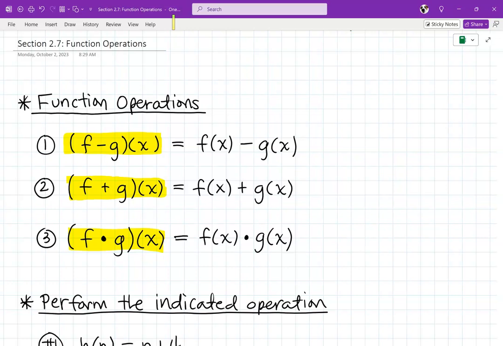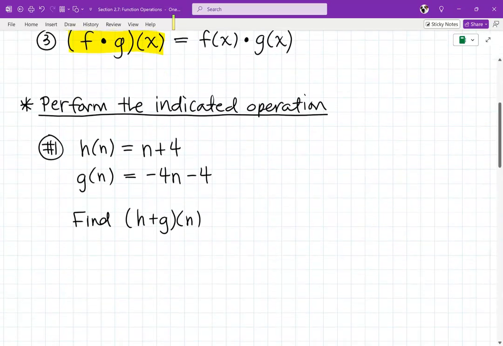If you see f plus g of x, that just means add the functions, f of x plus g of x. And the last one, f times g of x, that's f of x times g of x. Okay, but that's basically the hard part of it, the translating. But from there, if you hopefully do know and remember how to do your like terms and stuff like that, then the rest should be pretty easy.